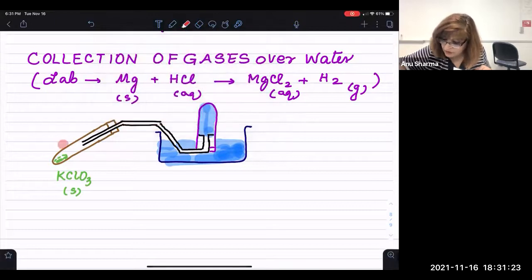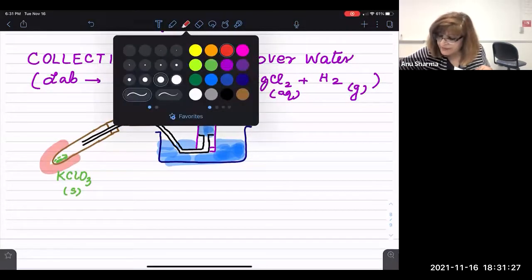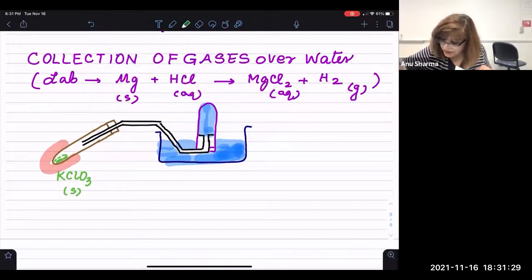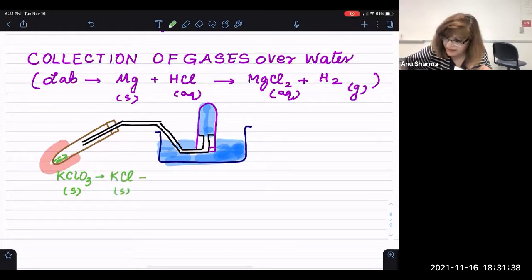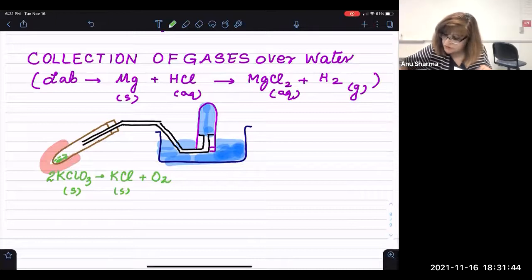When this is heated, KClO3 begins to decompose to KCl, which is also solid, and it releases oxygen gas. So here is 2, to 2, 3, balancing is very important.